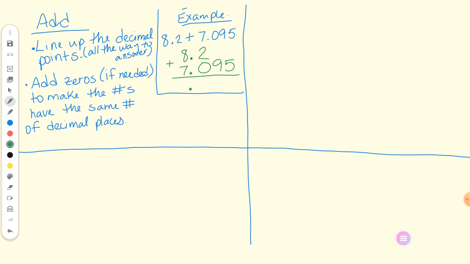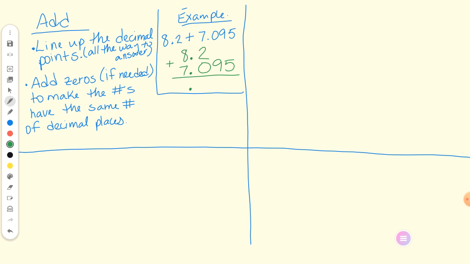Nate? What else should I do here? So we said line up the decimal points all the way to the answer. I have that. What's the second bullet point say? Okay, are they needed in this one?